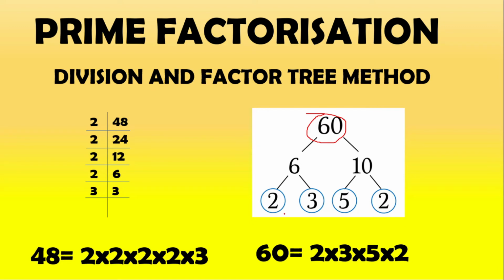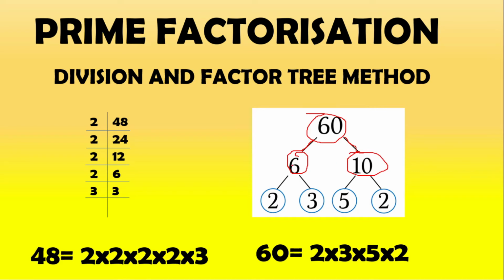Let us take 60 as an example. Now we have to check how 60 can be divided. 60 can be written as 6 into 10. So let us write those numbers and give them a line like this: 6 and 10.